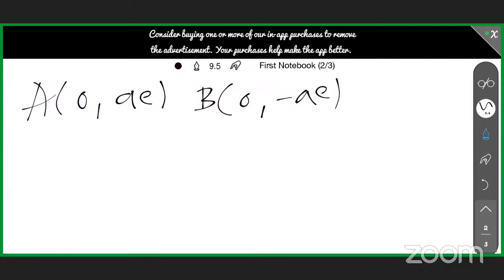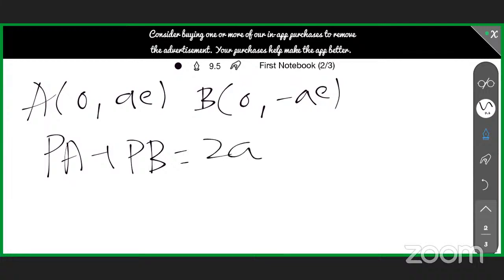The locus of point P satisfies one condition. What is the condition? PA plus PB is equal to 2a. Therefore, what is the equation of the locus? We have to find the equation of the locus.